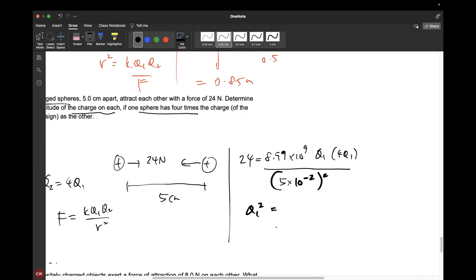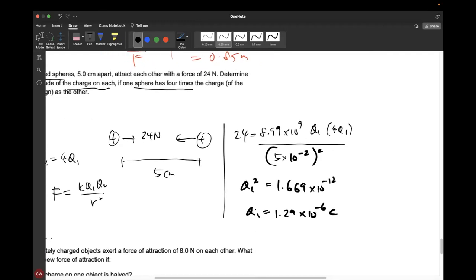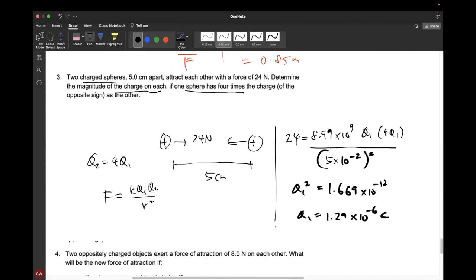Okay, this is going to be 1.669 and to the power of -12. So the charge of each one of them is going to be 1.29 and to the power of -6 coulomb. This is the charge for the first coulomb.